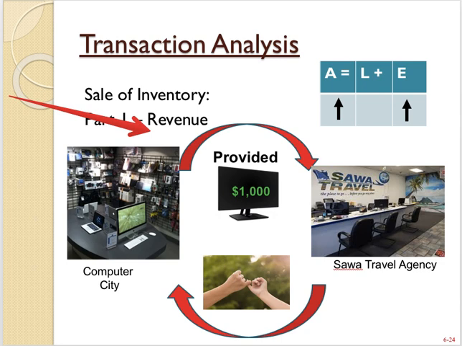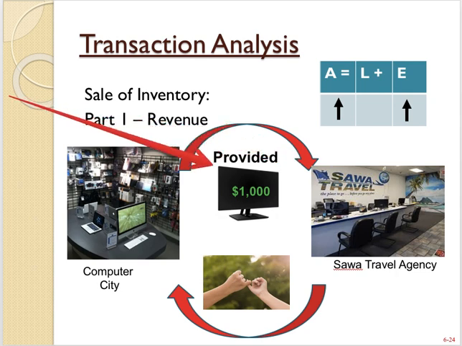So if we look at those things, we provided monitors to Sawa Travel. I use the term provided here because that's what we did. The work that we performed was providing a monitor.